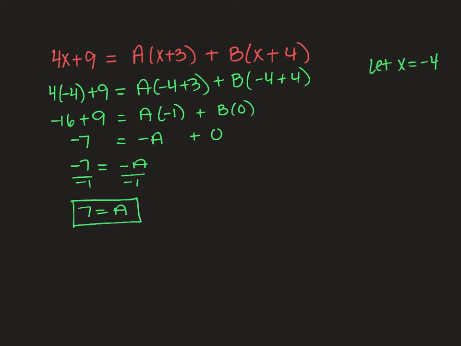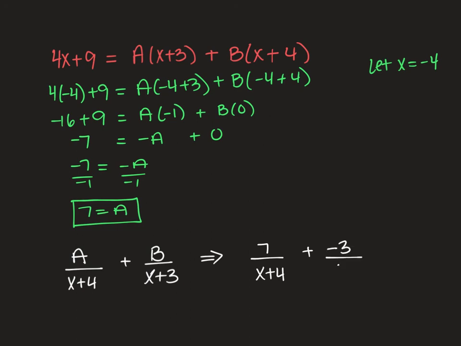So from the beginning, we said that this partial fraction decomposition would be a over x plus 4 plus b over x plus 3. Well, the a value that we got was 7, so it's going to be 7 over x plus 4 plus b, which we got from the previous page, which is -3 over x plus 3.